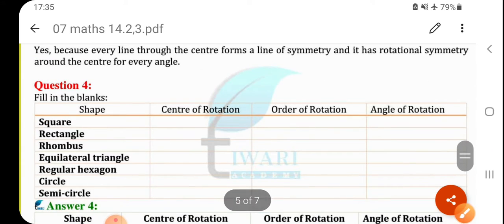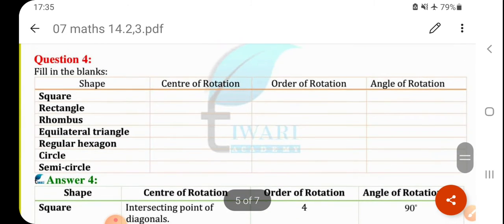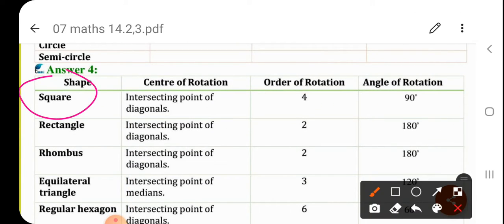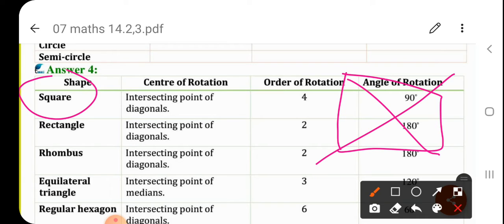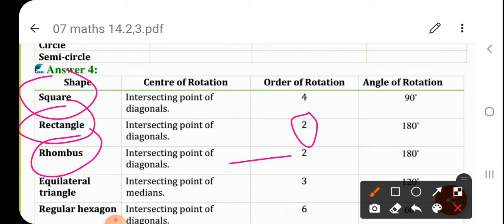Fourth question, fill in the blanks. Square: center of rotation. What will be the center of rotation? The intersecting point of diagonals. Then in a rectangle, the intersecting point of diagonals. In a rhombus, it is also the same.